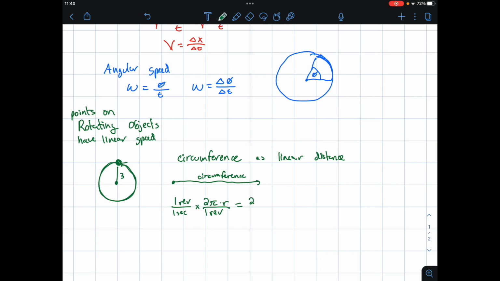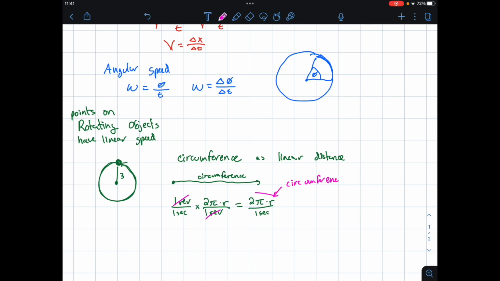That would be equal to 2 times pi times r per second, and that would be our linear speed. Essentially, we cancel the revolutions and get the circumference, 2 pi r, per unit time. That's how we end up with linear distance from a rotational distance. And I think that's all we need to think about now.